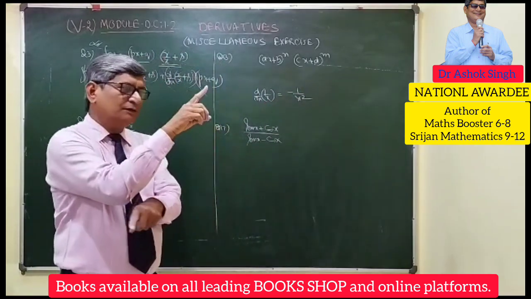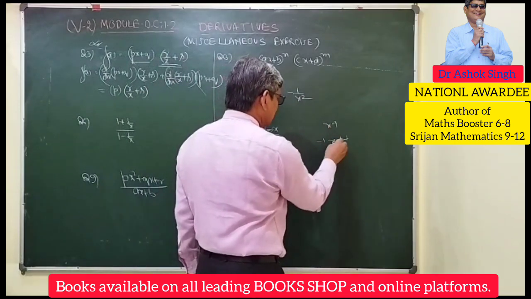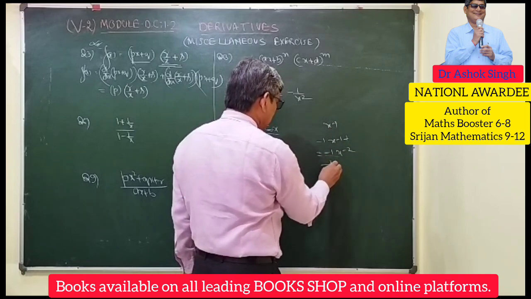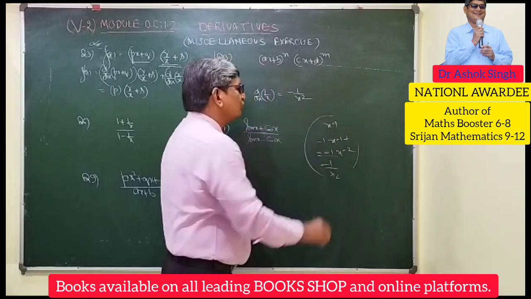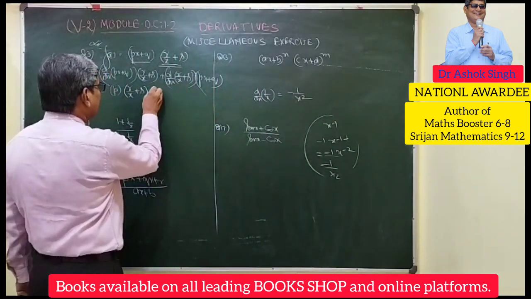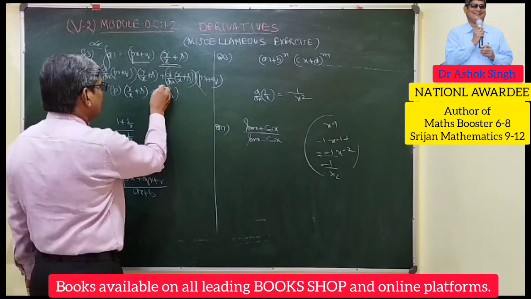X to the power minus 1, then minus 1, x to the power minus 2, that is minus 1 by x square. So you don't have to do this one, you can do directly. So differential quotient of this one is minus r by x square.